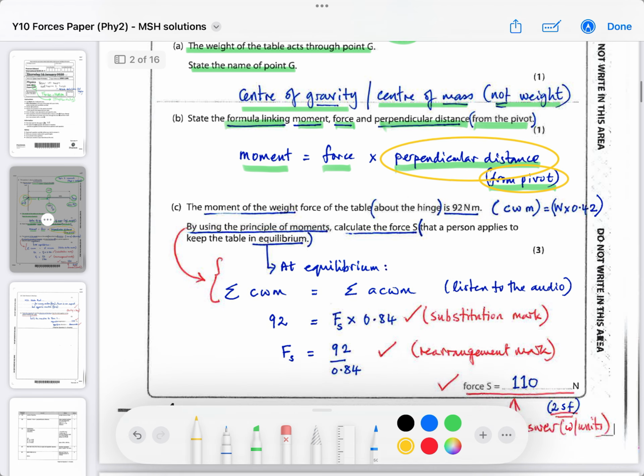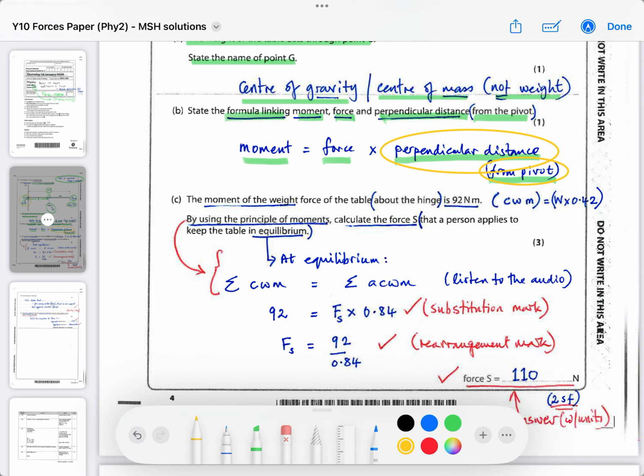Now they're telling us, we'll do the next bit in yellow. They've told us that the moment of the weight force is 92 newton meters. That means if we multiply the weight, which is the force due to gravity, by the perpendicular distance, which we just said is 42 centimeters, it gives you the clockwise moment, which is W times 0.42, but we don't need to know that.